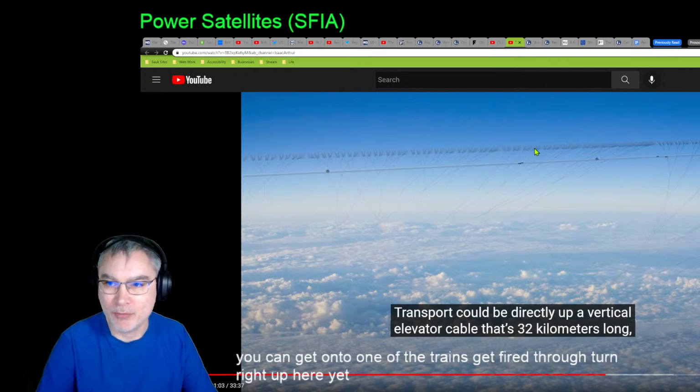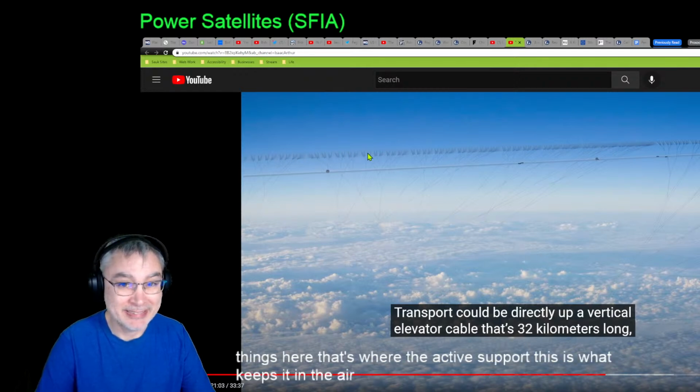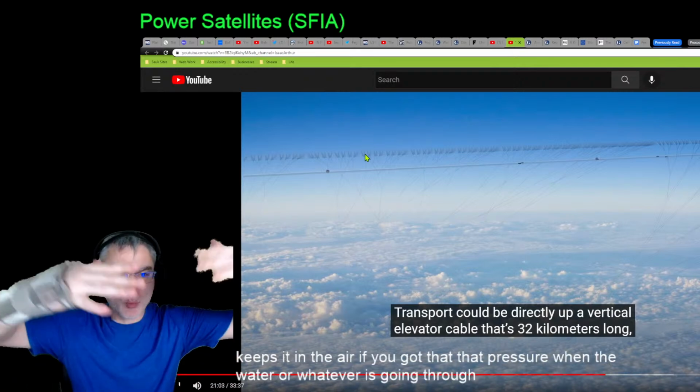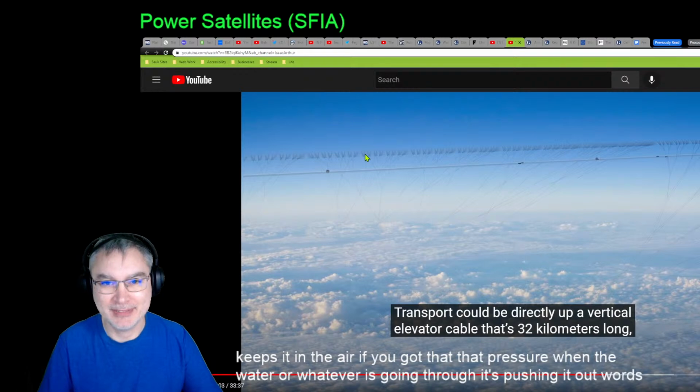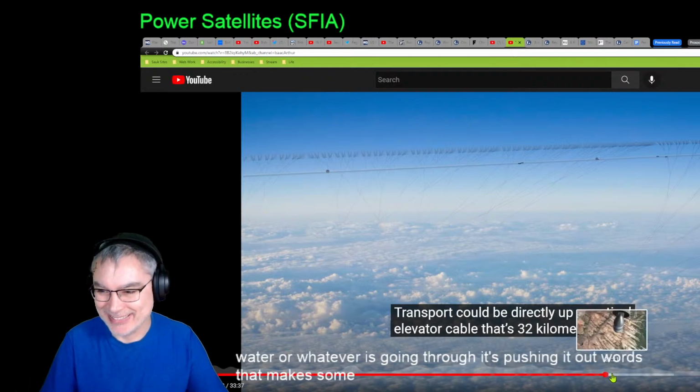Then right up here, what we saw earlier, there's the four things here. That's where the active support is. This is what keeps it in the air, because you've got that pressure when the water or whatever is going through it, it's pushing it outwards. Does that make some sense?